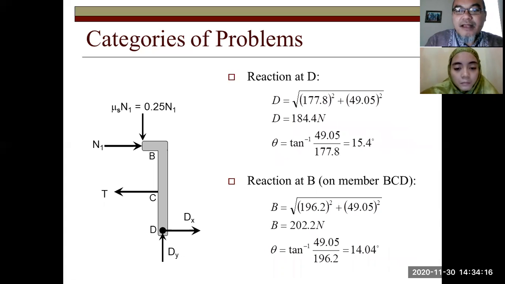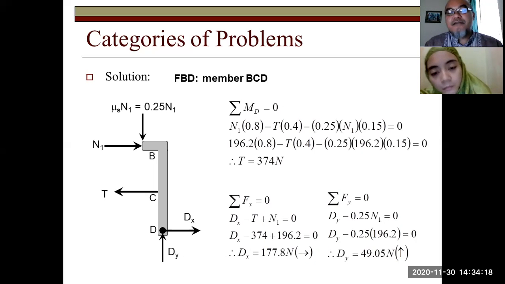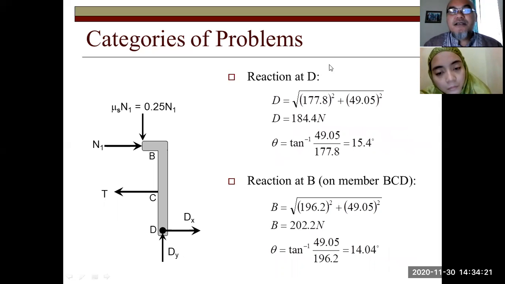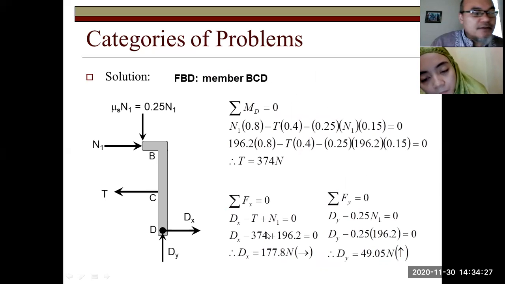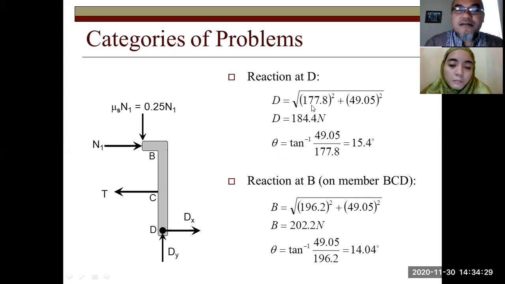Then the reaction at D is the resultant of Dx and Dy. So D equals the square root of 177.8 Newton squared plus 49.05 Newton squared, D equals 184.4 Newton.